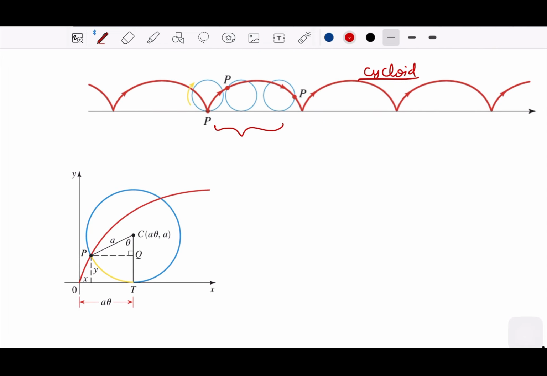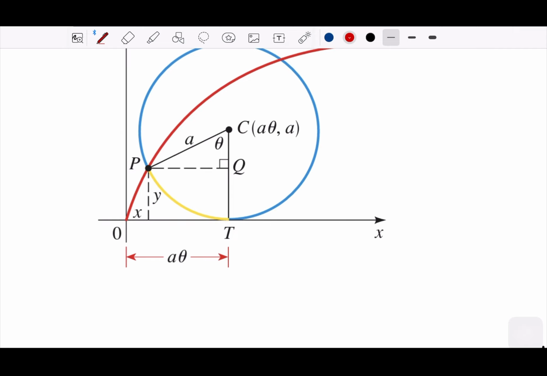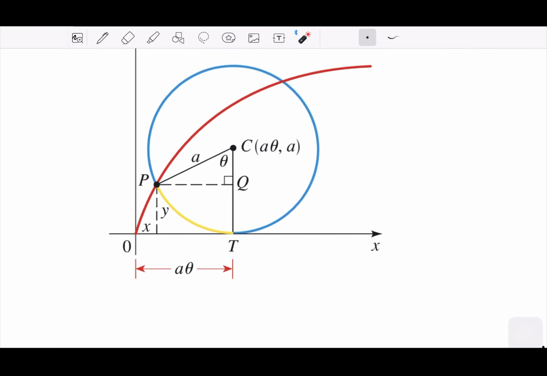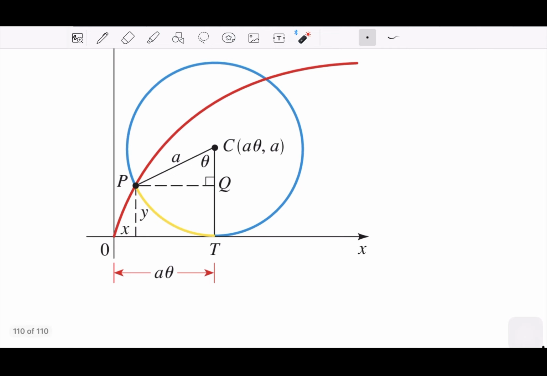Let's say we have this P still here, and then we can relate it to the parameter of a circle, which has a radius. This is the radius, right?